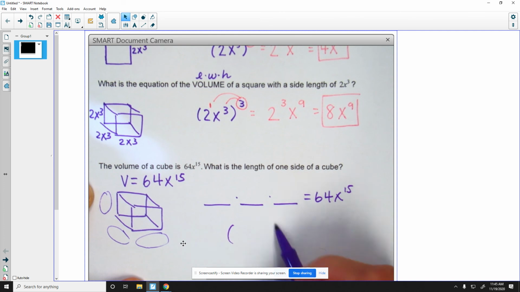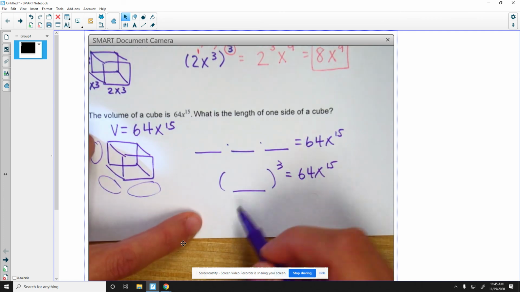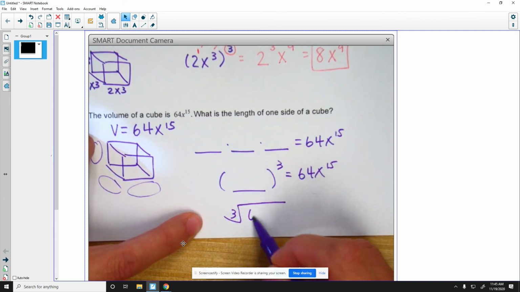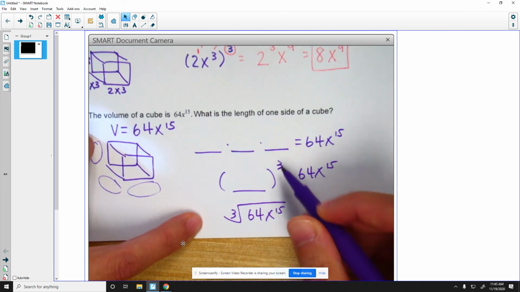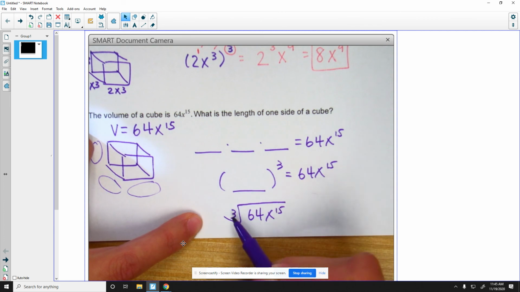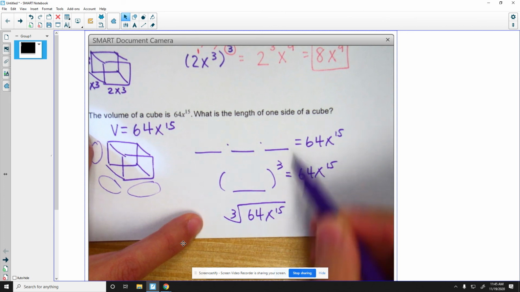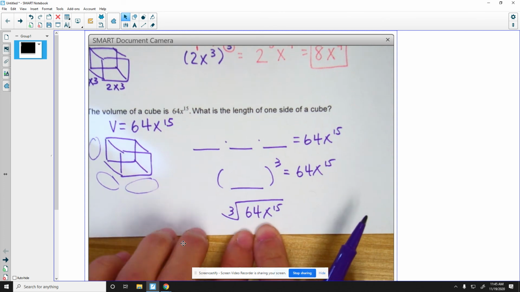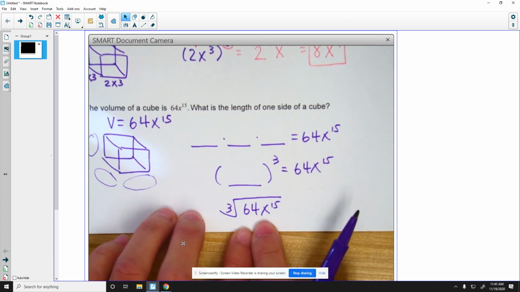So isn't that saying what to the third power is 64x to the 15? So if I want to know what that is, aren't I technically just finding the cube root of 64x to the 15? Because there's 3 of them. So I want to know what 3 things multiplied together is 64x to the 15. That's why the cube root solution option makes sense.